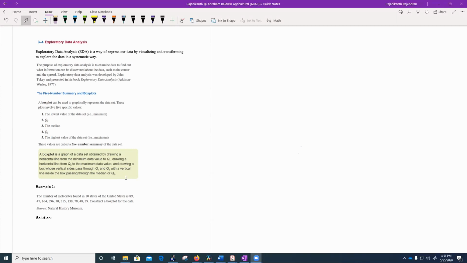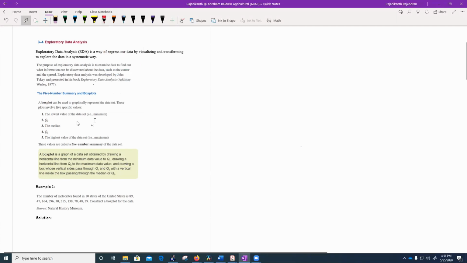Okay, so before looking at that, we have the five number summary. The five number summary means what? If you look at the data set, we always find five numbers, right?